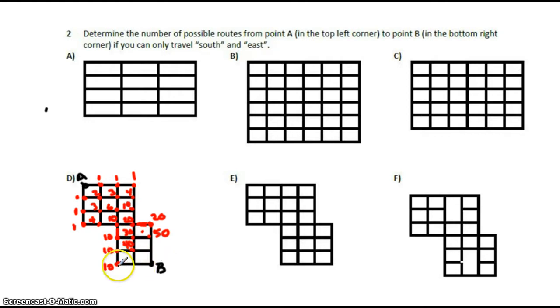This one here down at the bottom is a 50. This one here, 90. Lastly, 90 plus 40 gives me the total number of ways to get to B, which is 140. And that's it.